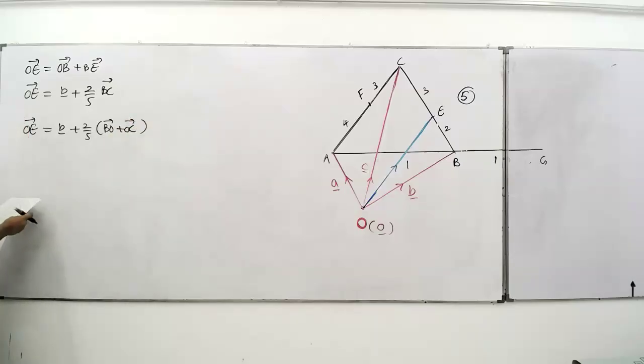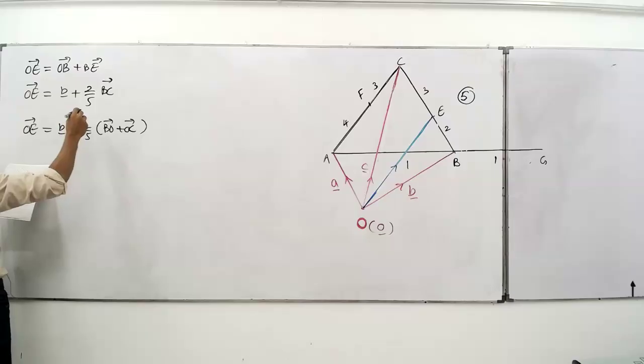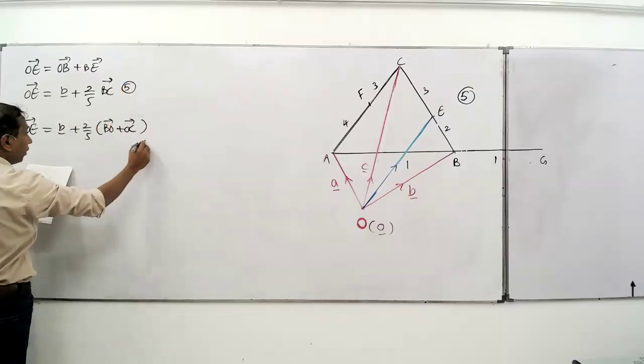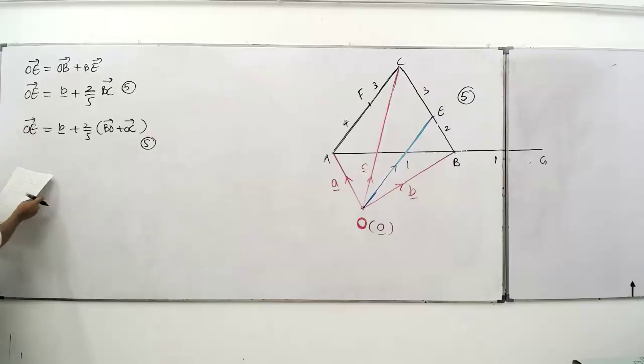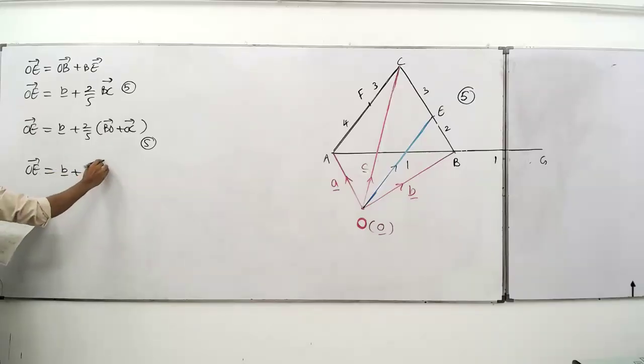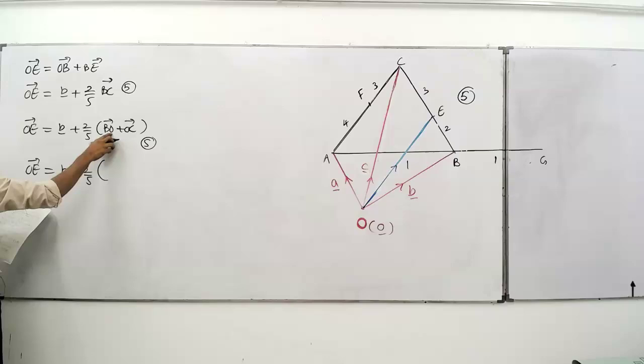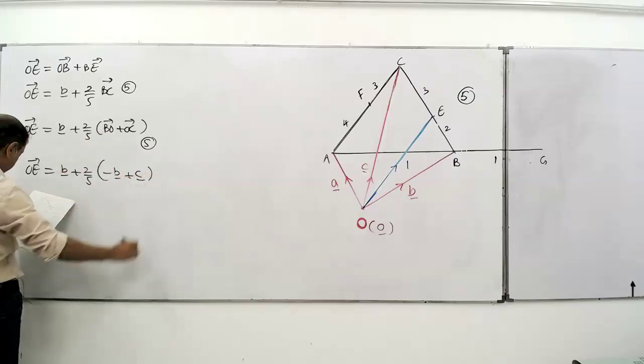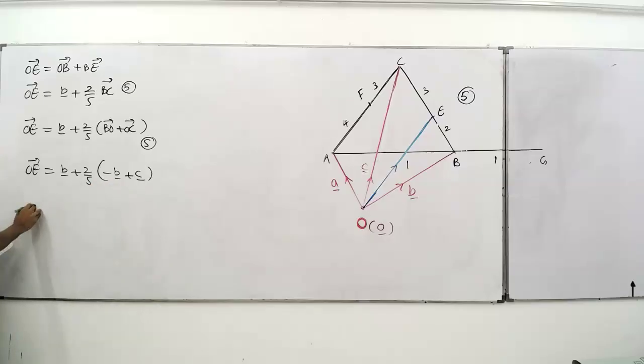You get 5 marks for this and 5 marks for this. Now substitute into OE equals B plus 2/5 of BO plus OC. BO means minus OB, minus OB is minus B. OC is C. Simplify this and you get OE.